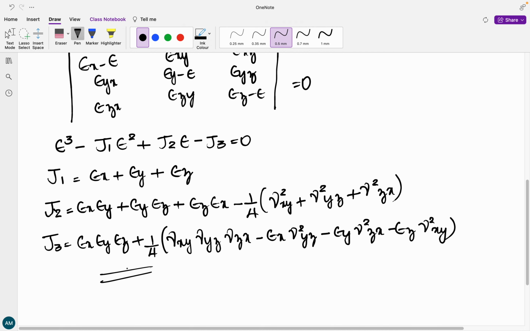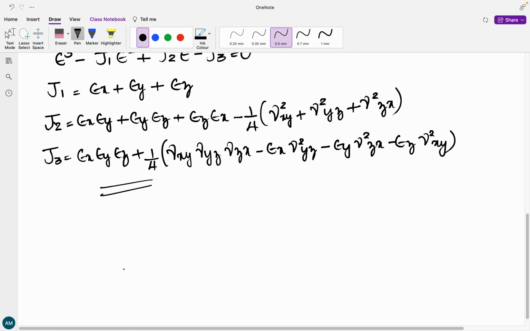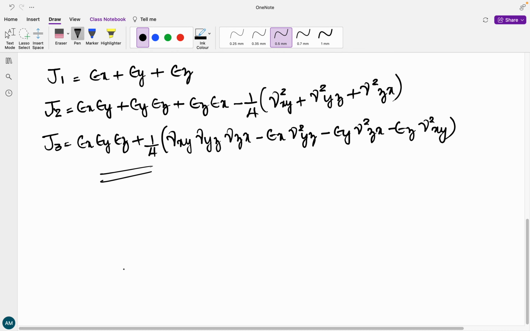This is completely as per how we found the stress invariants. Similarly, I am finding the strain invariants. So only the epsilon and gamma will be replaced in those formulas. So next is strain transformation.